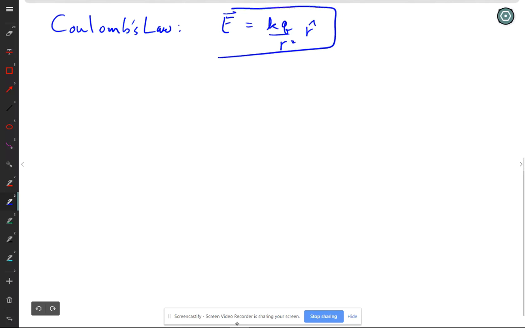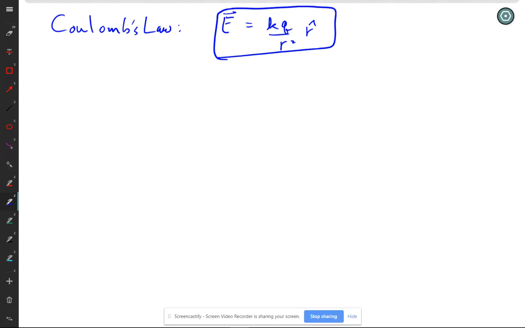There's Coulomb's law. I put it in the electric field form rather than the force form like it was first introduced. The electric field for a point charge is kq over r squared r hat. Now, of course, we have the differential form of that where dE is equal to k dq over r squared r hat. But that's Coulomb's law.